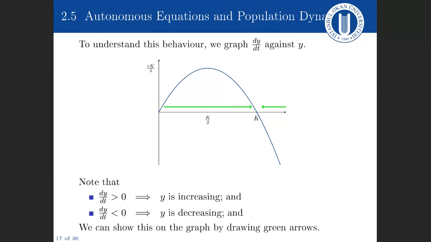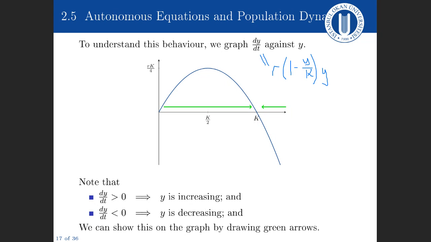To understand this behavior, to understand how we can draw these solutions without having to solve the equation, what we do is we graph dy/dt against y. I can write it here. Remember, dy/dt was r(1 minus y over k) multiplied by y.